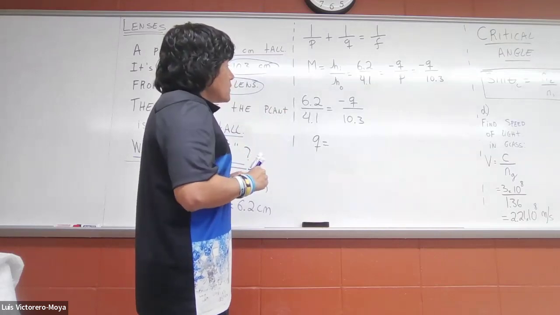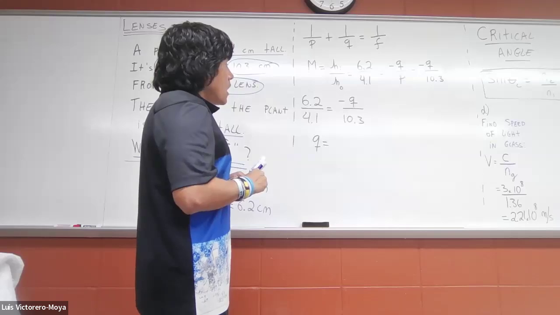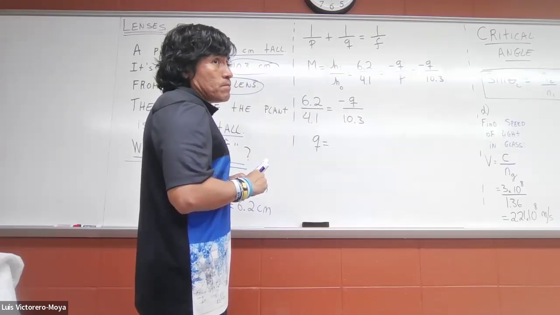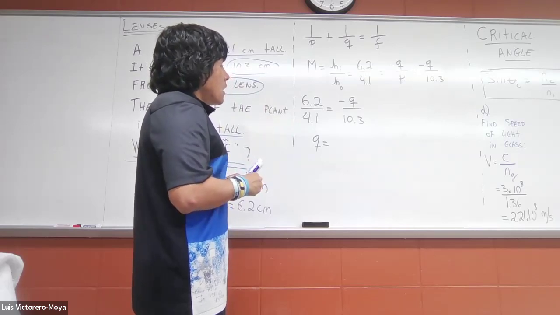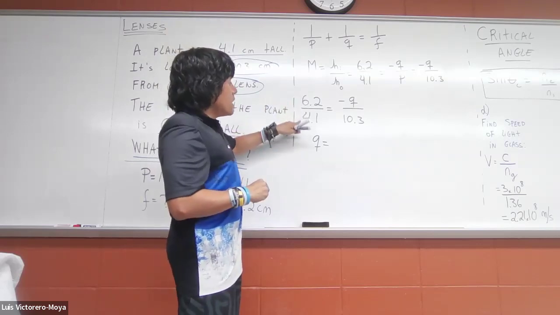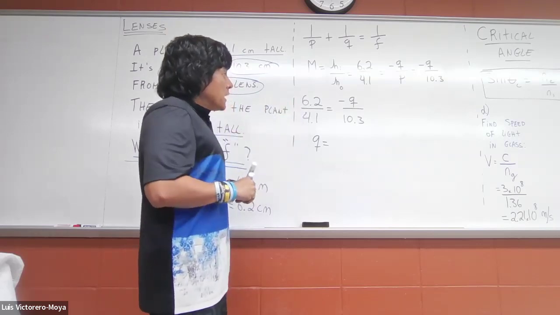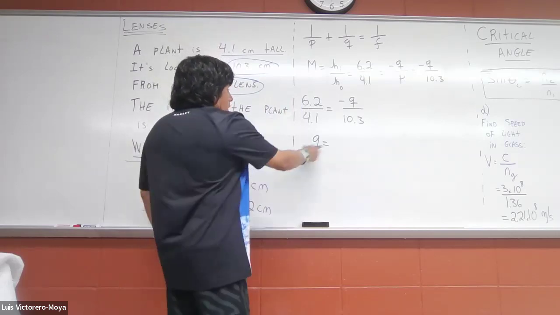If the magnification is positive, that means that the image is upright and is larger than the object. The image is larger than the object, so it has to be a virtual image. That's why Q is negative.